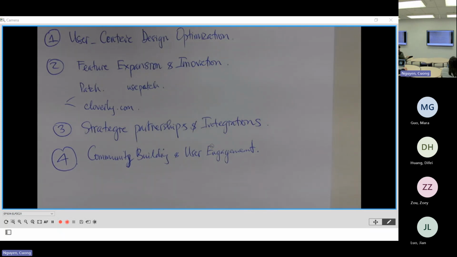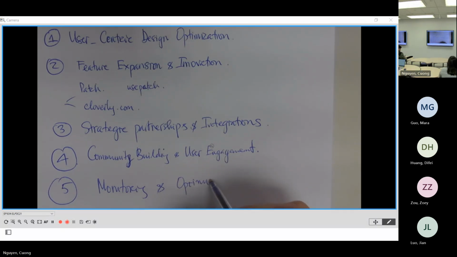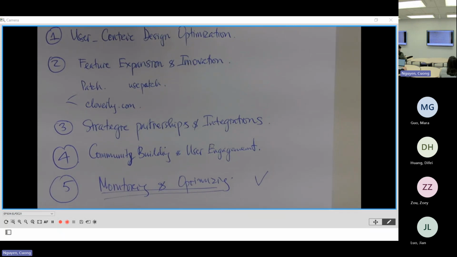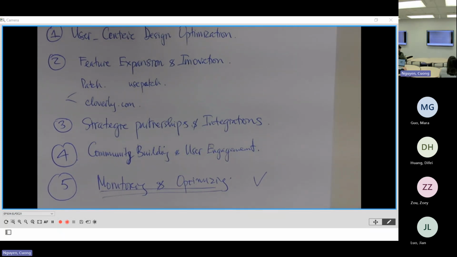And of course, what we have in the next one could be monitoring and continuously optimizing, which needs to be done along the way of the product life cycle.